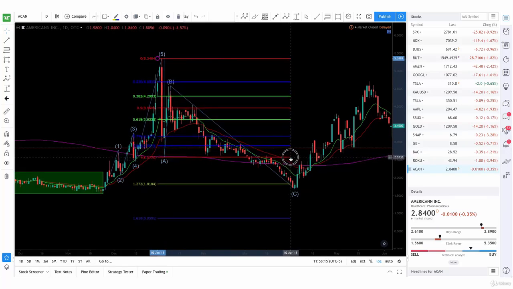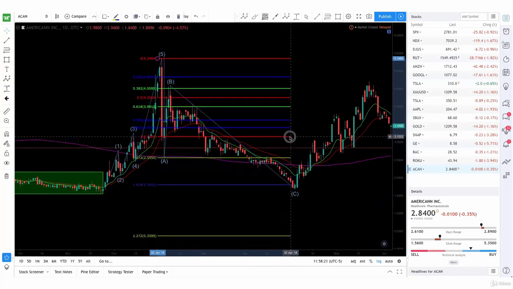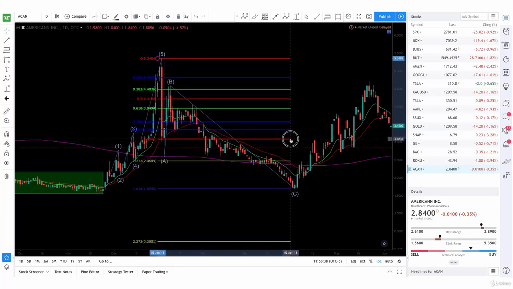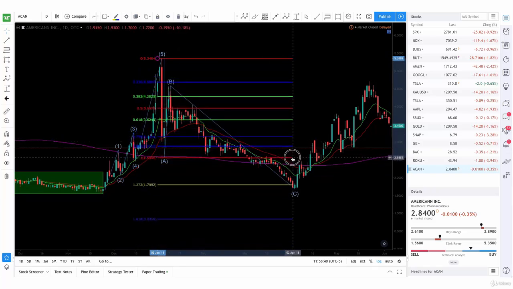If you take the bottom, it will give you all the way down here. So it didn't work. Now, if we take the closing of the candle, see how it fit right there? It stops right there. So wave C went all the way to the 1.6 fib extension of wave A. So you want to play with this. You want to try the closings of the candles or the wicks.